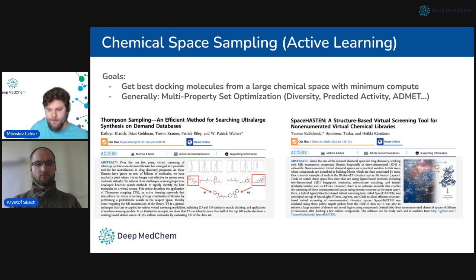And on the right side, we have SpaceHASTEN, which is kind of iterative search, where you always search molecules, dock them, and then take the best, search them again, and this way you can iteratively improve the docking scores a lot.